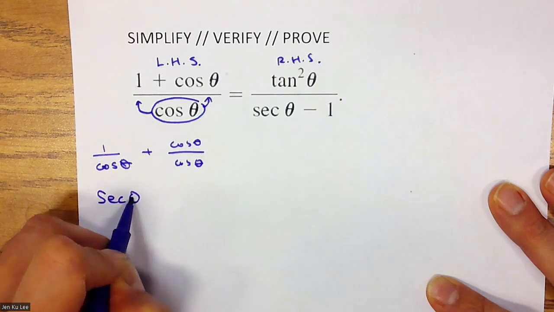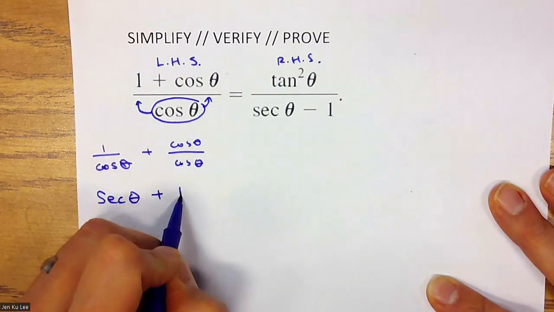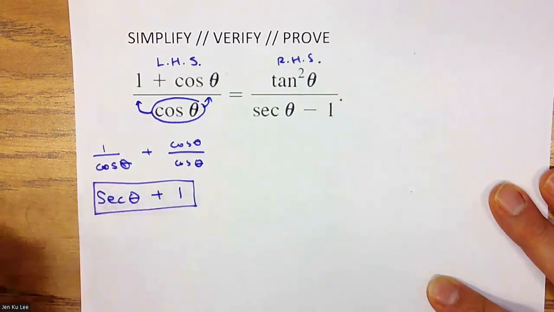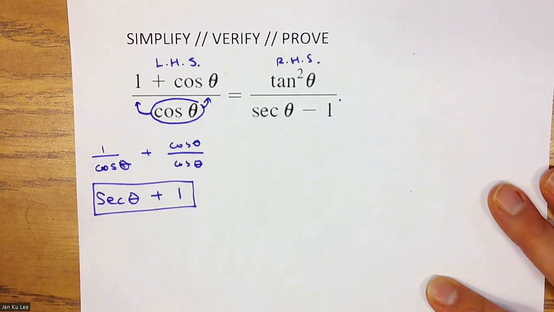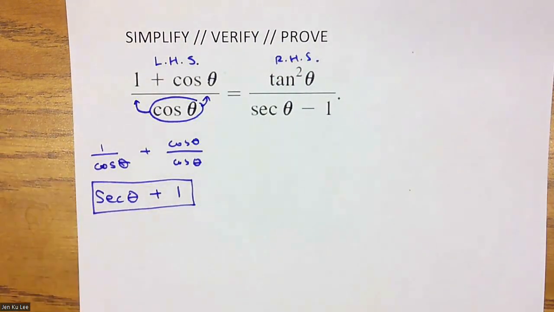Secant theta plus cosine over cosine. That is simplified. Right? We simplified that out, and we're good there. Questions on that?